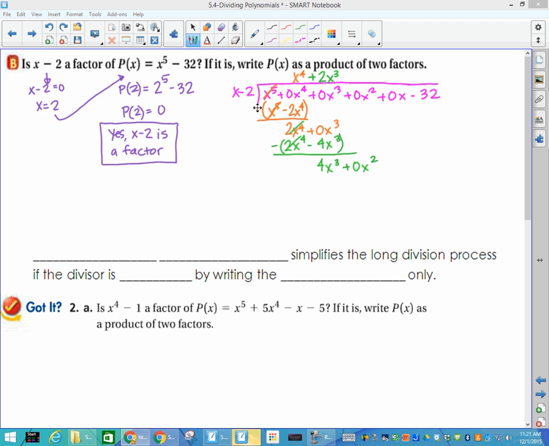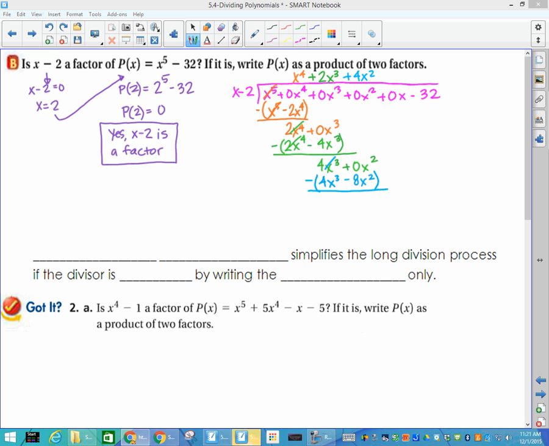I have to say, what times x gives me 4x cubed? It is 4x squared. Remember again, my terms are lining up like we've talked about. 4x squared times negative 2 is negative 8x squared, and 4x squared times x is going to be 4x cubed, and I'm going to subtract those.